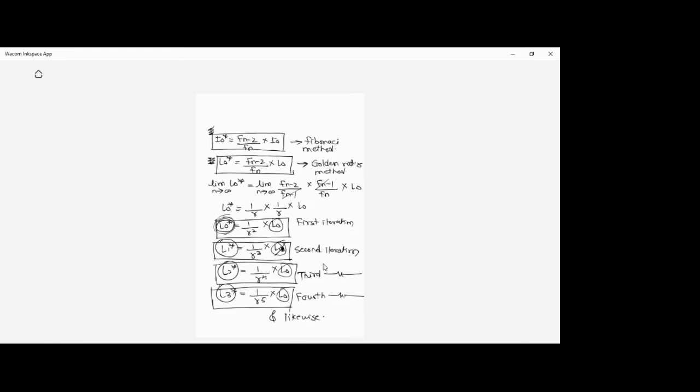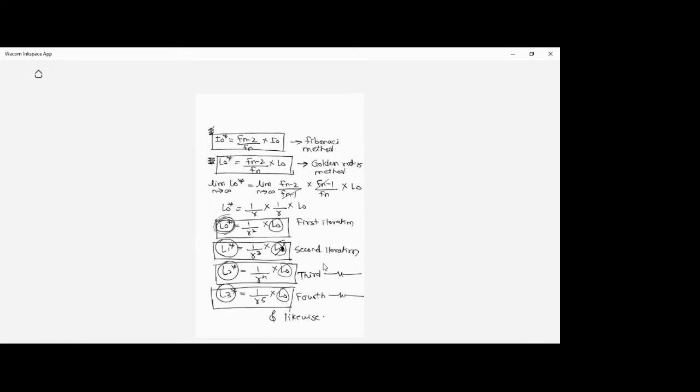I'm hoping that you won't be creating confusion. Then we'll be seeing the numerical, and you will find it is very, very simple compared to the Fibonacci method, right? Because what is the magic here? We don't have to remember the Fibonacci numbers.